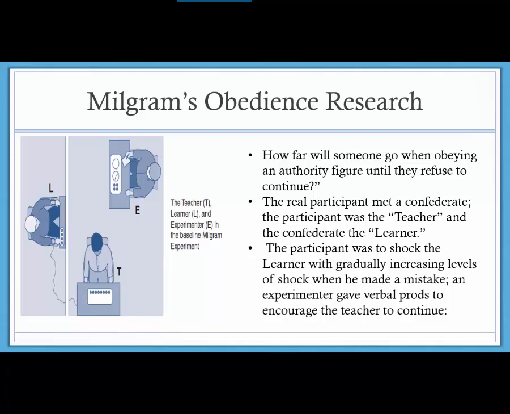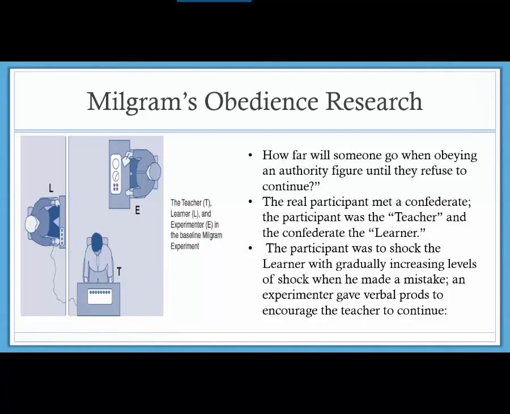to give a small shock to the learner when they got something wrong. And the shock level would gradually increase when the learner made a mistake. And of course, the learner isn't really getting shocked, right?